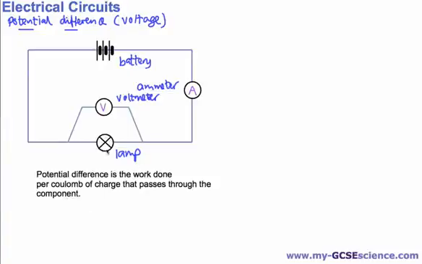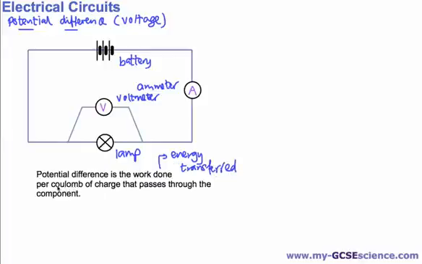So for every coulomb of charge that's passing through here, there's a certain amount of work done, and that work done per coulomb is the potential difference. Now what do I mean by work done? In physics that means energy transferred.